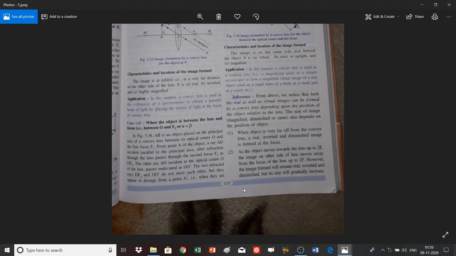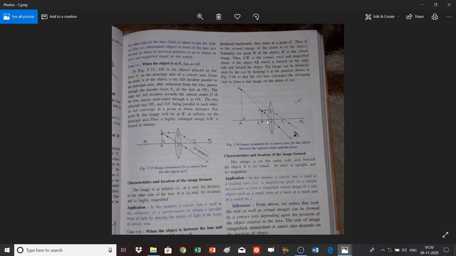Now come to some inferences. From the above, we notice that both real as well as virtual images can be formed by a convex lens, and there is only one case in which a convex lens forms a virtual image. You have to remember this.